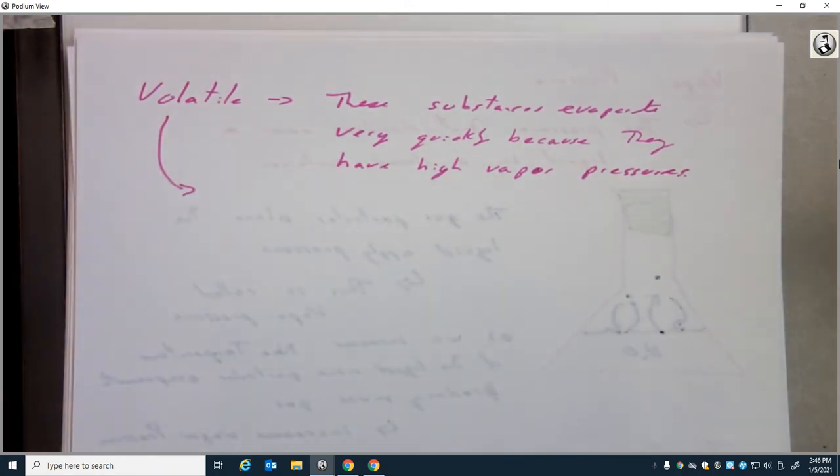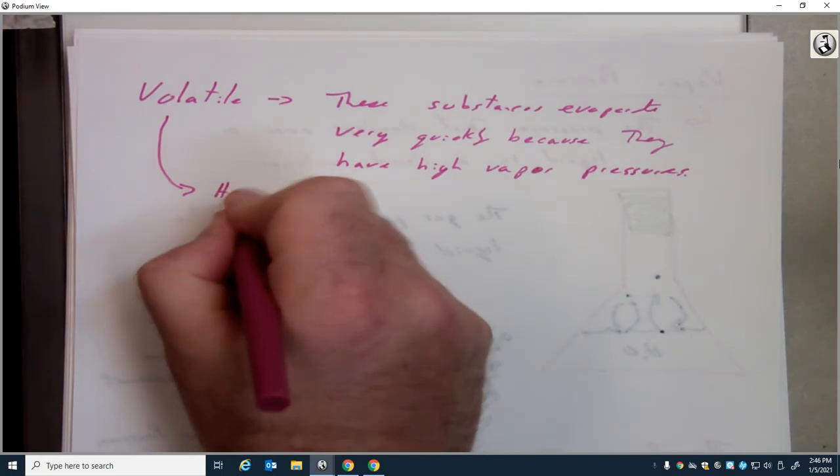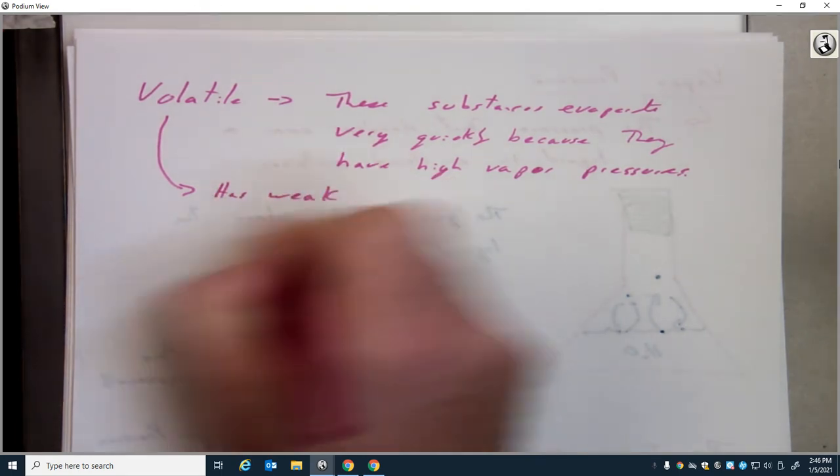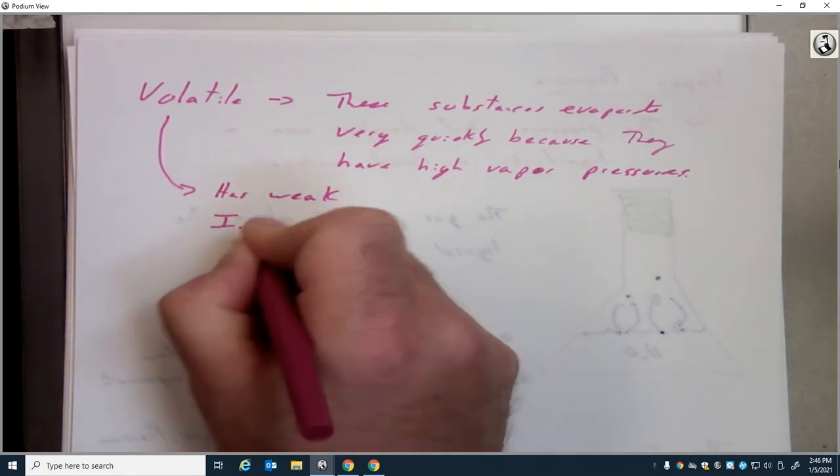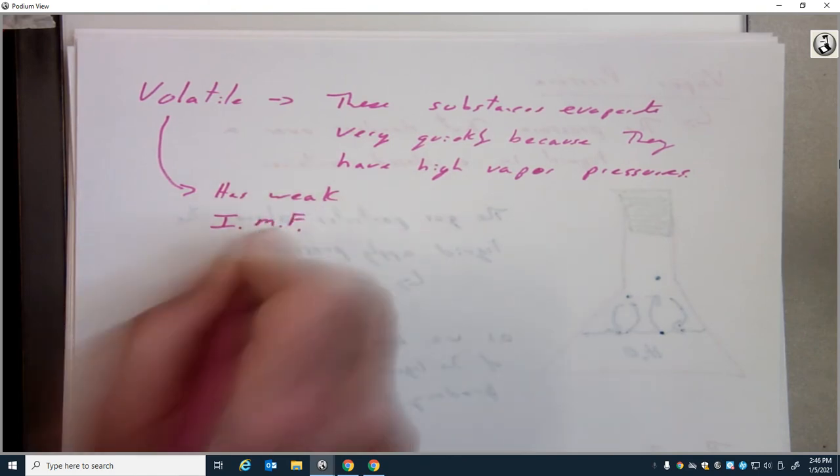If it's a volatile substance, that means it has weak intermolecular forces. I use IMF for intermolecular forces.